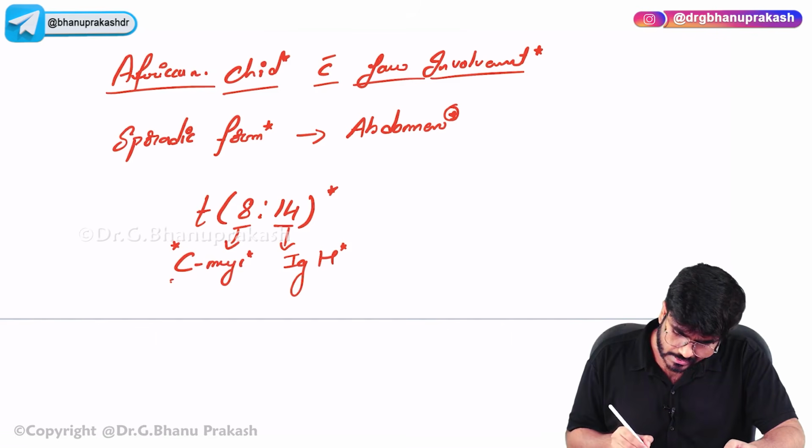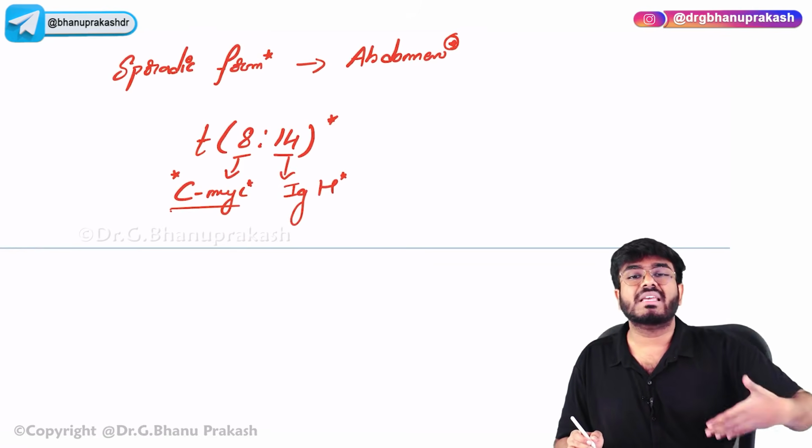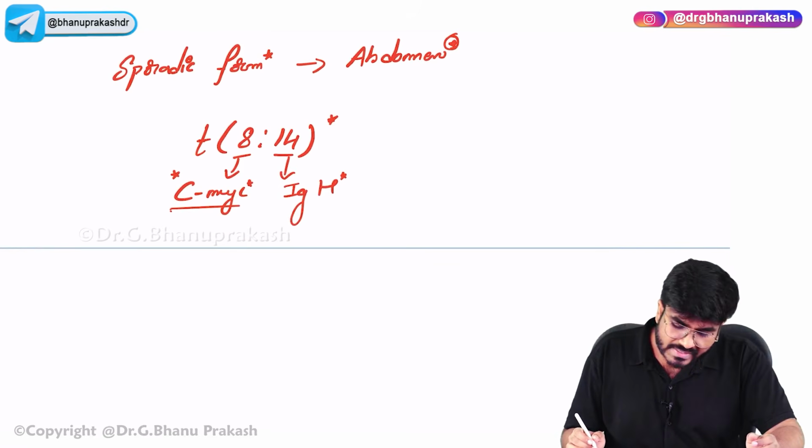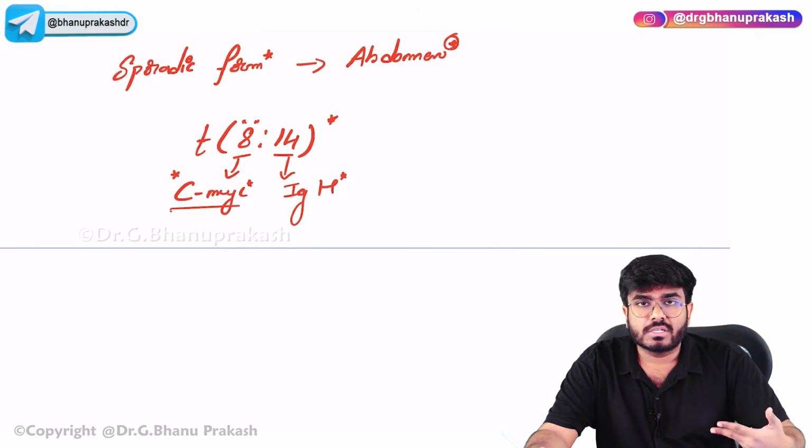Now, what is c-MYC? The c-MYC is something like a transcriptional factor which promotes cell growth. So what is happening? In this patient, there is going to be too much cell growth, over-proliferation of B cells. The Epstein-Barr virus especially affects the B cells.